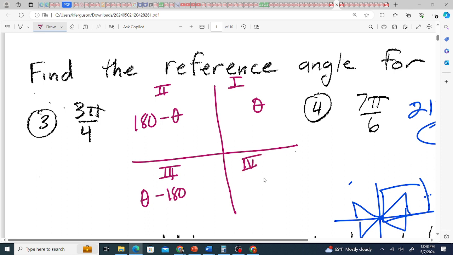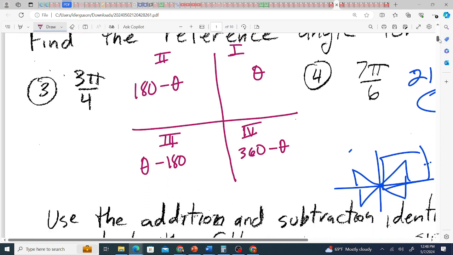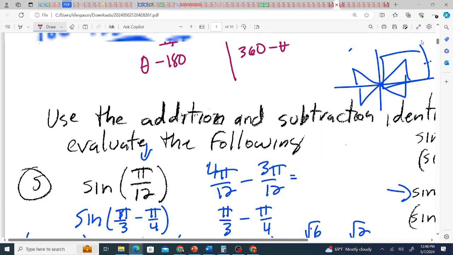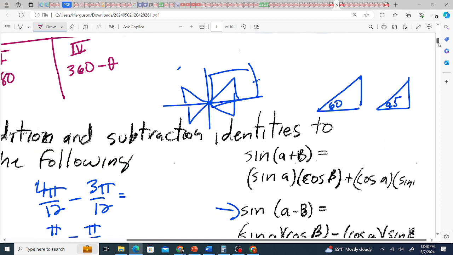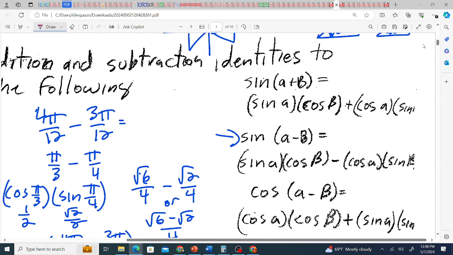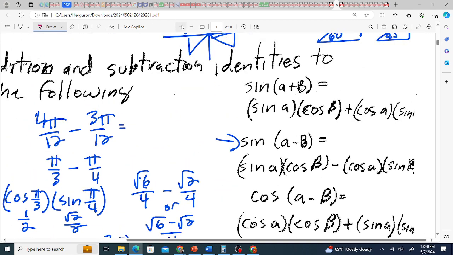And in the fourth quadrant, you take 360 and subtract your angle from it to get your reference angle. That's that. I am not giving you this, so you need to write that down wherever you're going to write it.